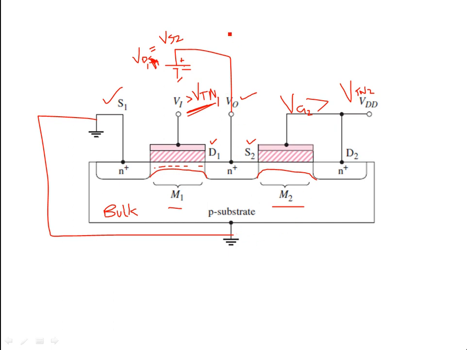As a result, this is a positive, this is a negative doped region, so a p-n junction forms over here. As you apply VDS, the potential at the drain terminal, which is the same as the source S2 of MOSFET M2, the depletion width increases, and as you increase the field, the depletion width increases more.